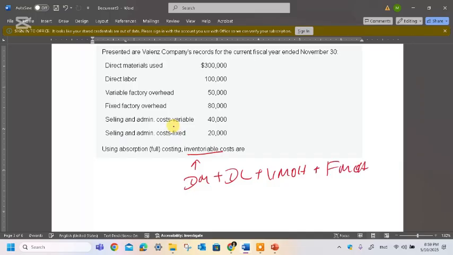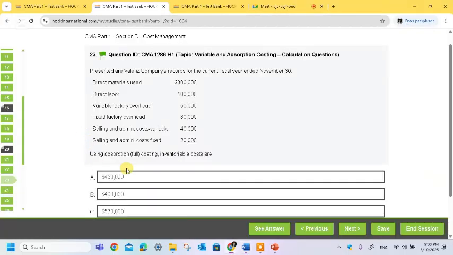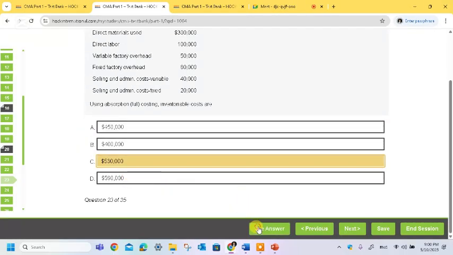Remember I said valuation. What do we include in valuation in absorption costing? All of them. So material 300,000, labor 100,000, variable overhead 50, fixed overhead 80. Add all of them: 300 plus 100, 400, 450, 80, 530. 530.